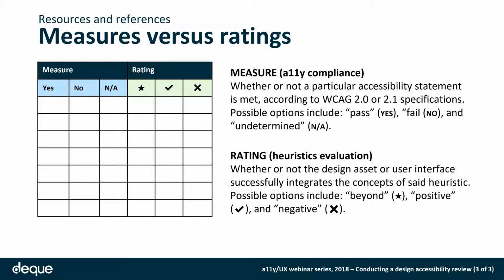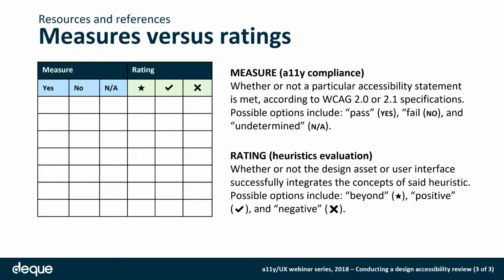So of course, we're talking accessibility heuristics. Therefore, if you're familiar with heuristic evaluations, you're aware that in most cases, what you work with is the rating part, where you basically say whether or not the interaction, the component, the asset that you've designed, either meets or doesn't meet the essence of the heuristic itself.